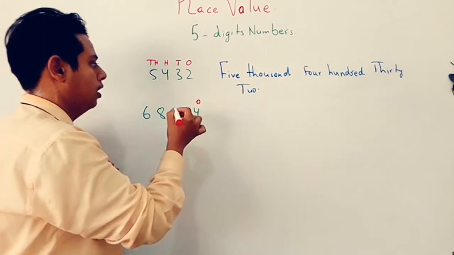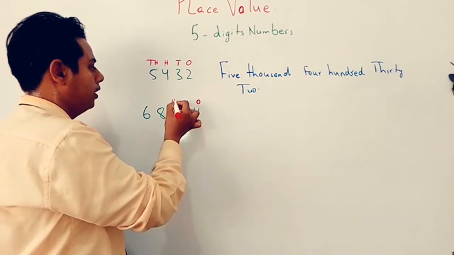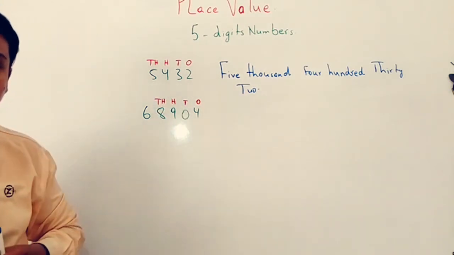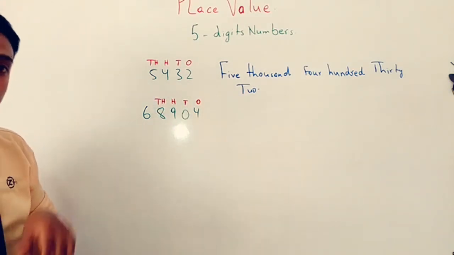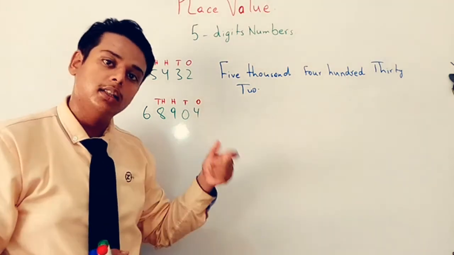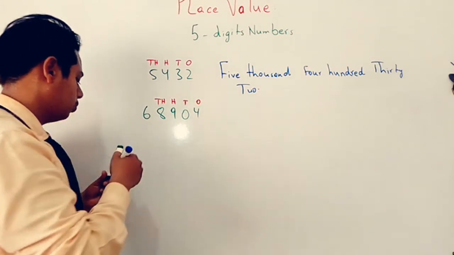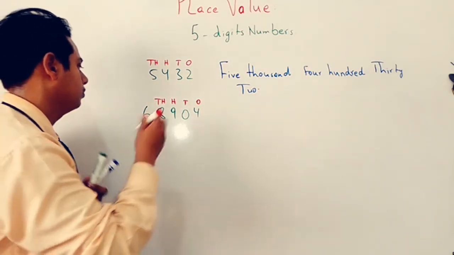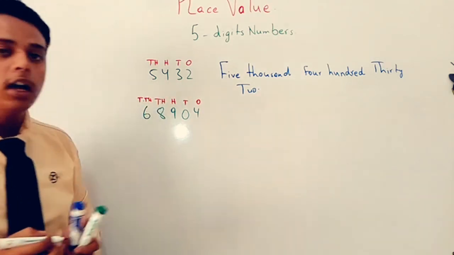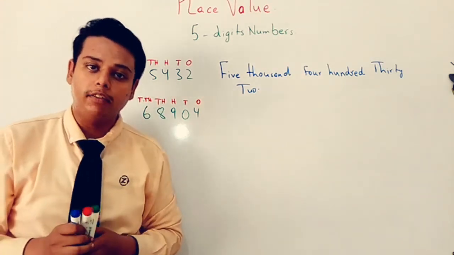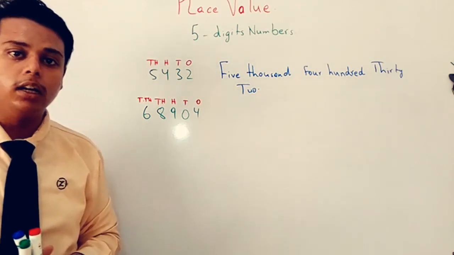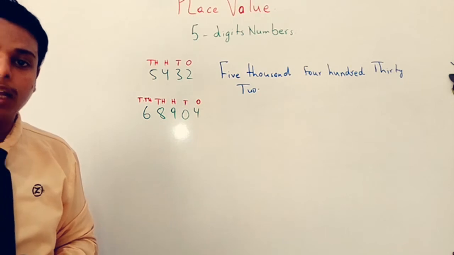1, 10, 100, 1000. And the last one is 10,000. Whenever we gather 10 ones together, it becomes a tens. जब भी हम 10 ones को आपस में मिला देते हैं, tens बन जाता है.